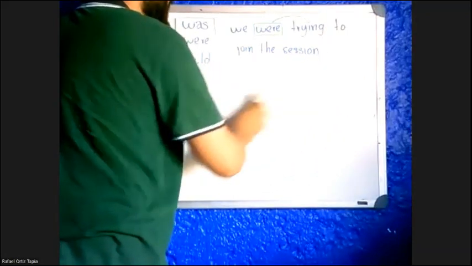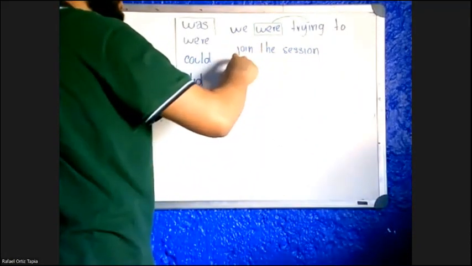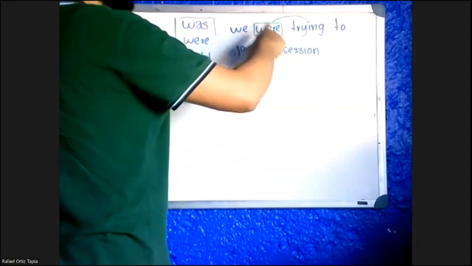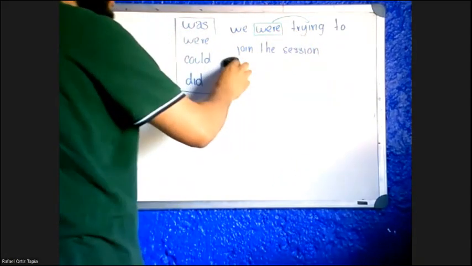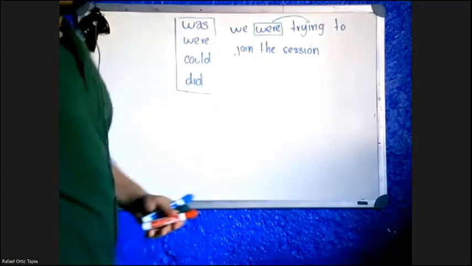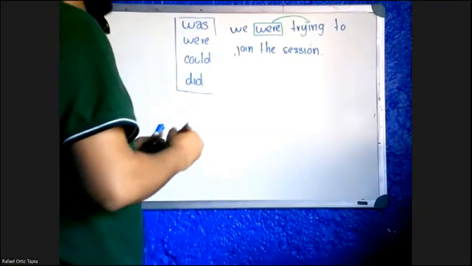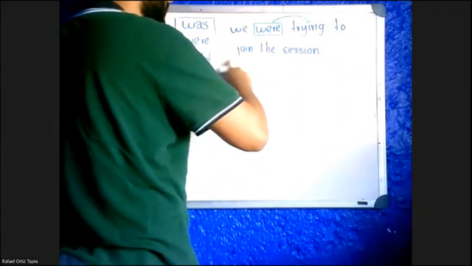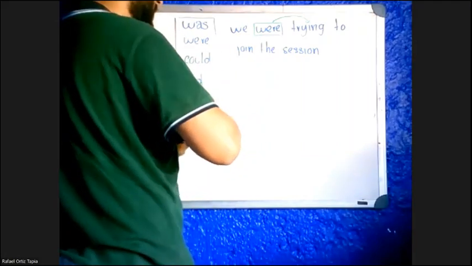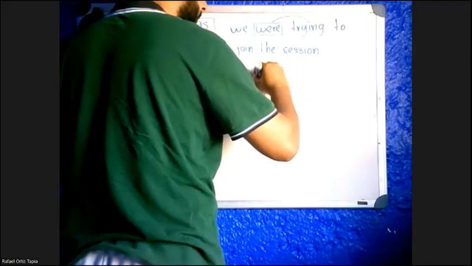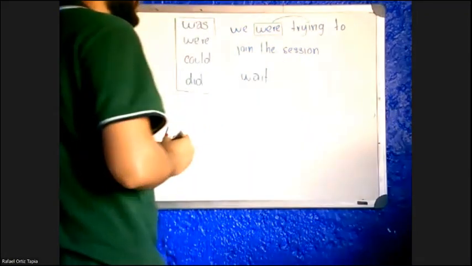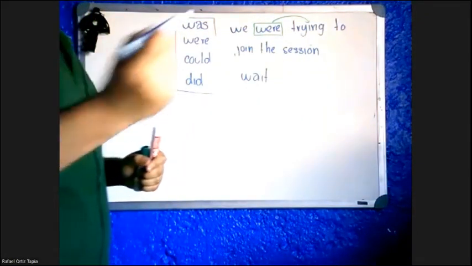remember, past continuous requires you to use ing. Les obliga a usar ing. But when you're using did, the verb needs to change. So, for example, if you have a verb like wait, what is the past form of wait?